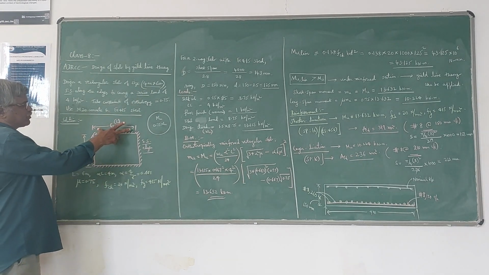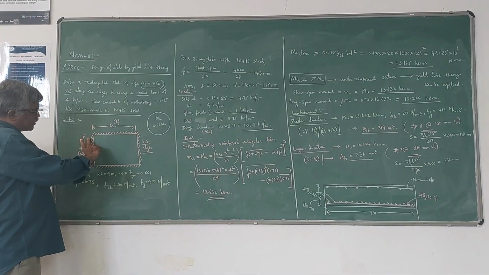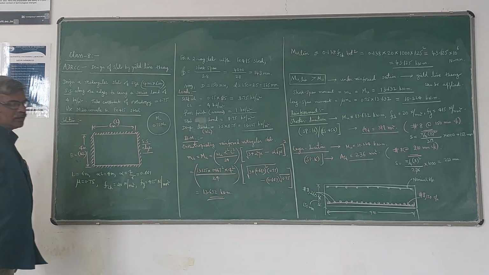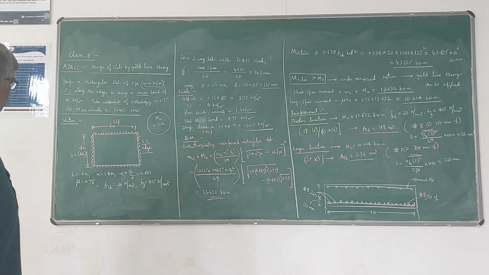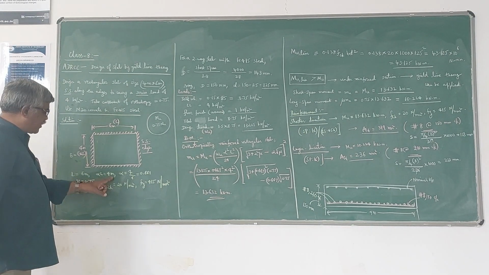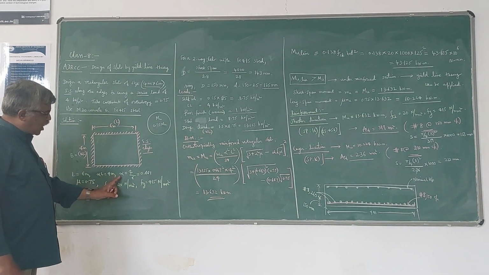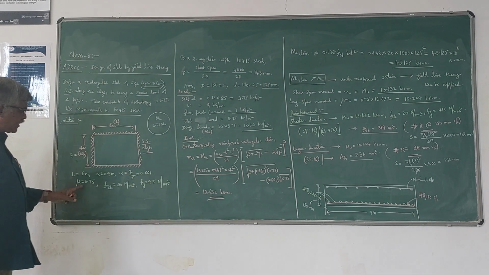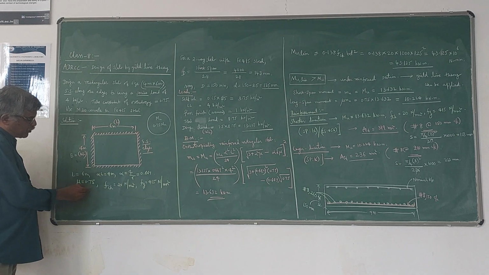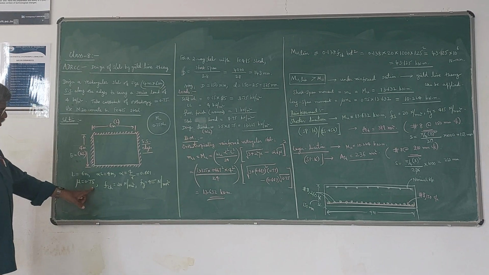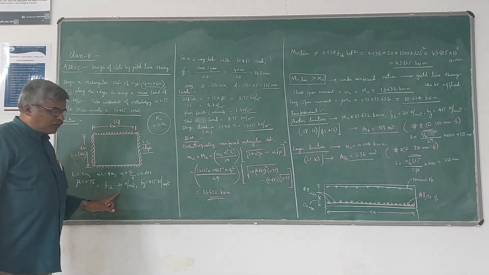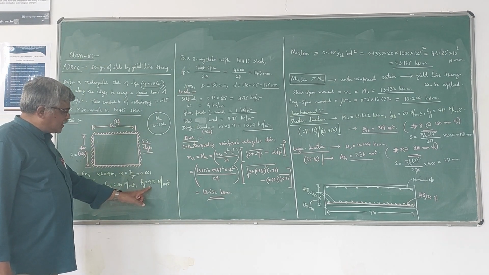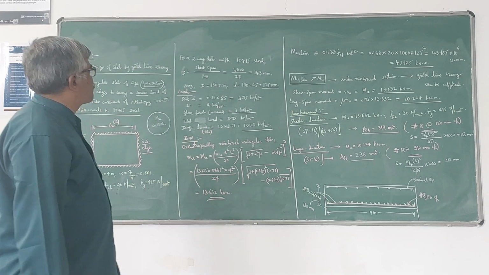I will take the 6 meter as L and the 4 meter as B. So this B is nothing but alpha into L, where alpha is the aspect ratio. So alpha L is 4 meter and L is 6 meter, so alpha becomes 4 by 6, which is 0.667. He has also given the coefficient of orthotropy, denoted by mu, 0.75. The characteristic strength of concrete, M20, is 20 Newton per mm square, and steel is 415 Newton per mm square.